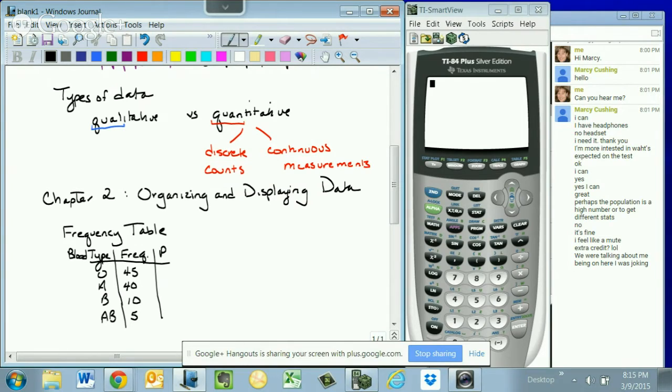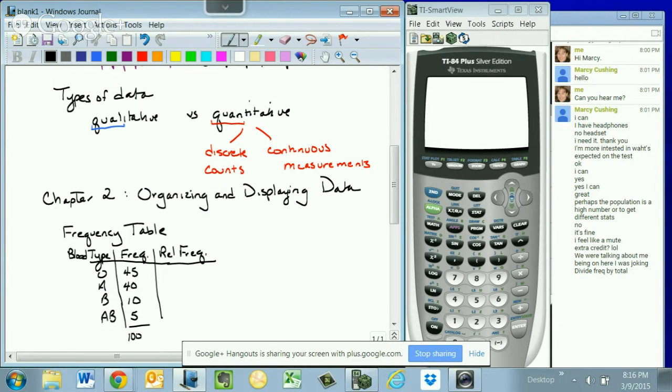Okay. Now, do you remember how to get the relative frequencies? How would you get the relative frequencies here? Yeah, exactly. So I've made it easy here.